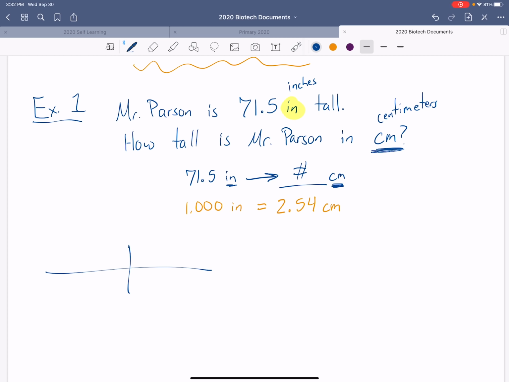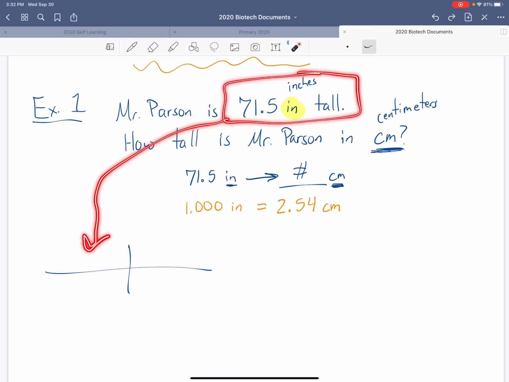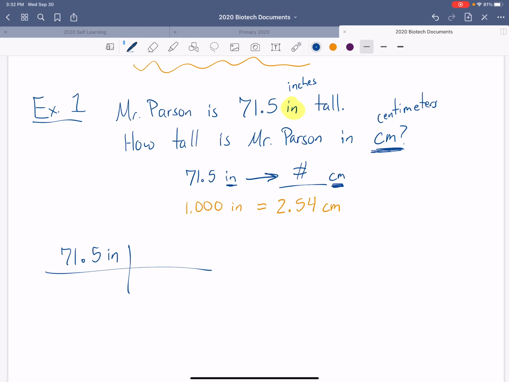In the first box, in this location right here, you're going to put the number that you have, whatever you've measured, whatever value you're given by the situation or by the experiment. In this case, that is 71.5 inches. So I need to take my 71.5 inches, and that needs to end up in this first box down here. Usually whenever we start this, the box immediately underneath, we're going to more or less disregard. I'm not really going to put anything there.